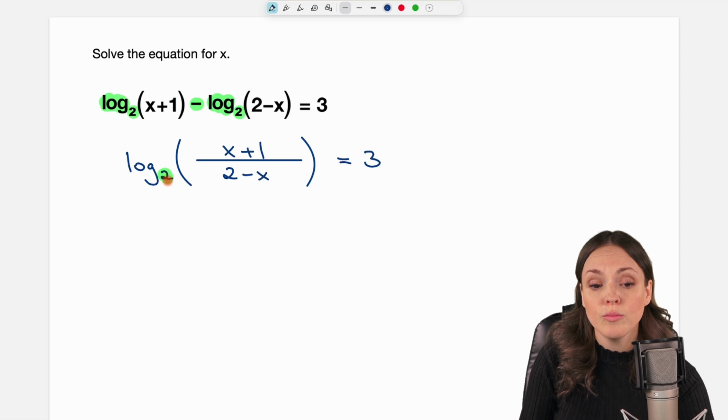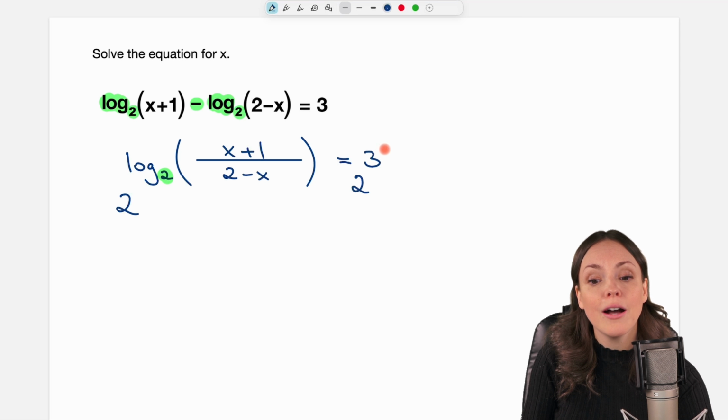We take the 2 and we do the following on both sides of the equation. We take 2 to the power of the entire left side, and here the same thing, 2 to the power of the entire right side, so here we only have 2 to the power of 3.